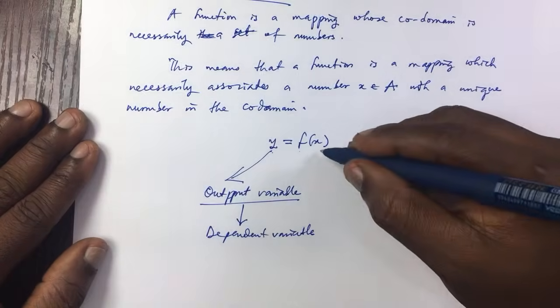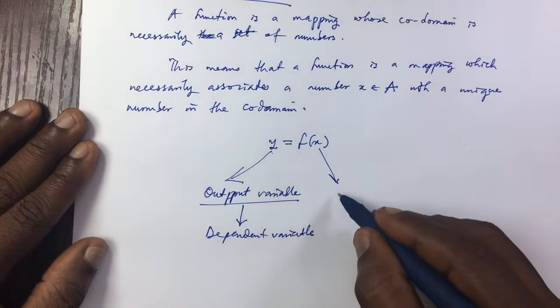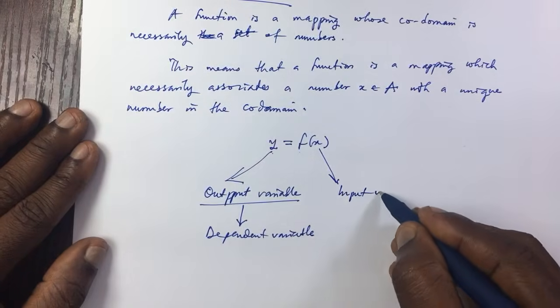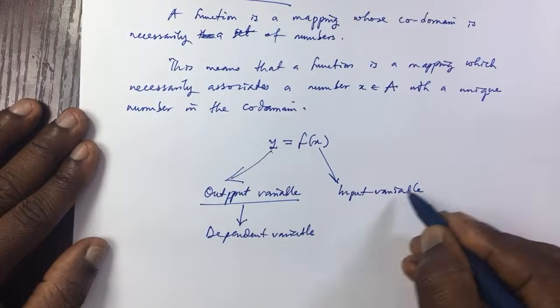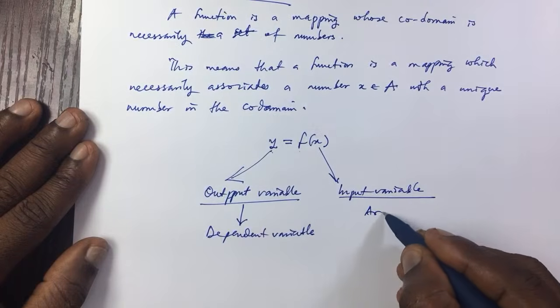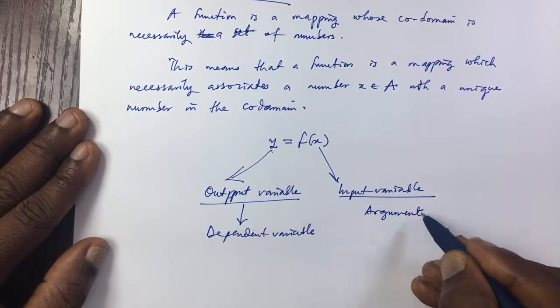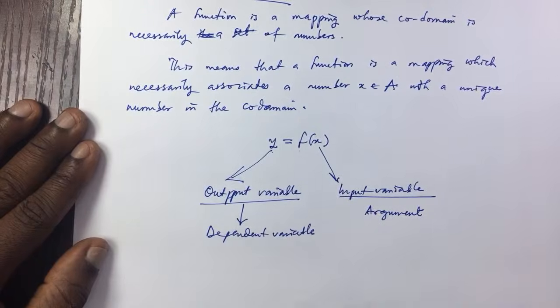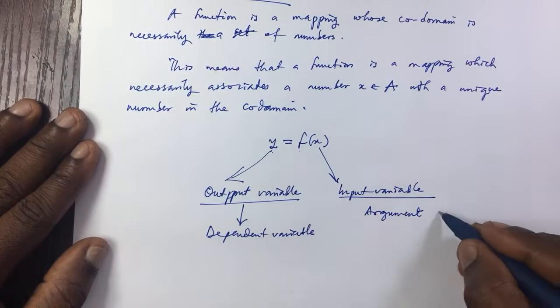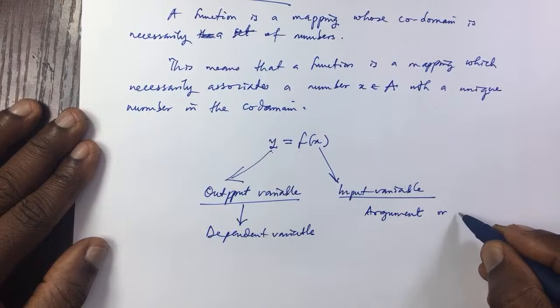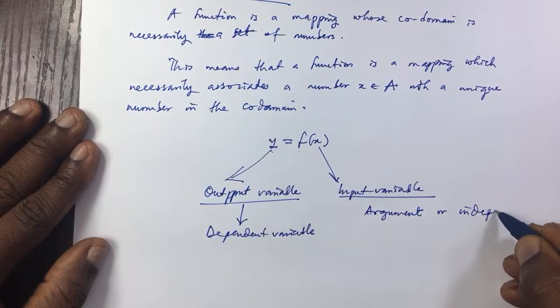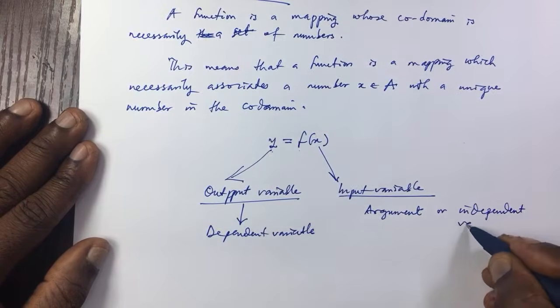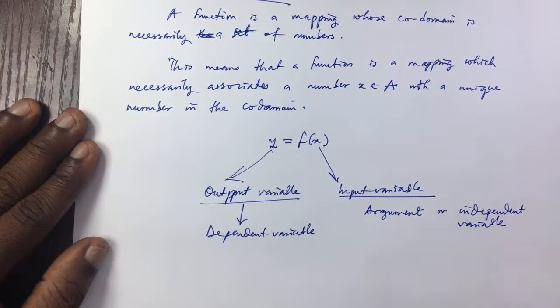And what do we call x on the other hand? X is an input variable that may be called an argument, or you could call it the independent variable. Why is it called the independent variable? It is simply because it needs no value to determine its own value.